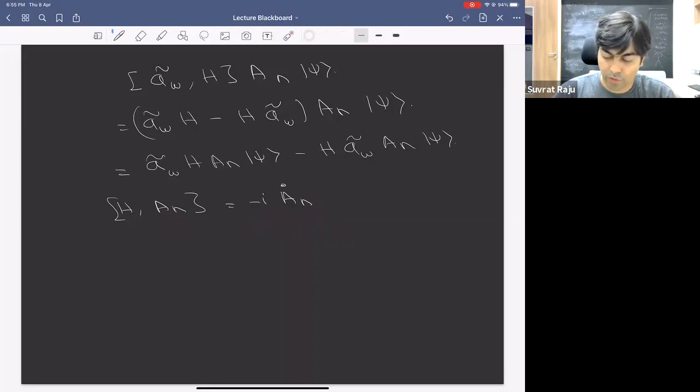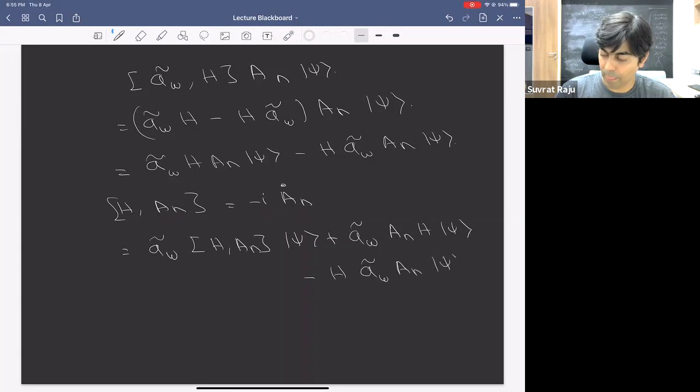And so we use this, and we can write this expression here as a omega tilde into h a n psi plus a omega tilde into a n h psi. And then we have a minus h a omega tilde into a n psi. Then we use this fact here. So this looks like a n a omega tilde into a n dot psi with a factor of minus i.